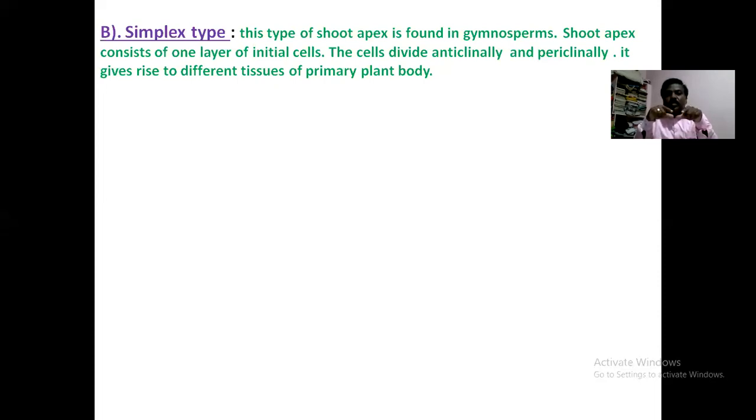It gives rise to the different tissues of the primary plant body. Different tissues are produced by these cells, which divide in two planes, anticlinal and periclinal.